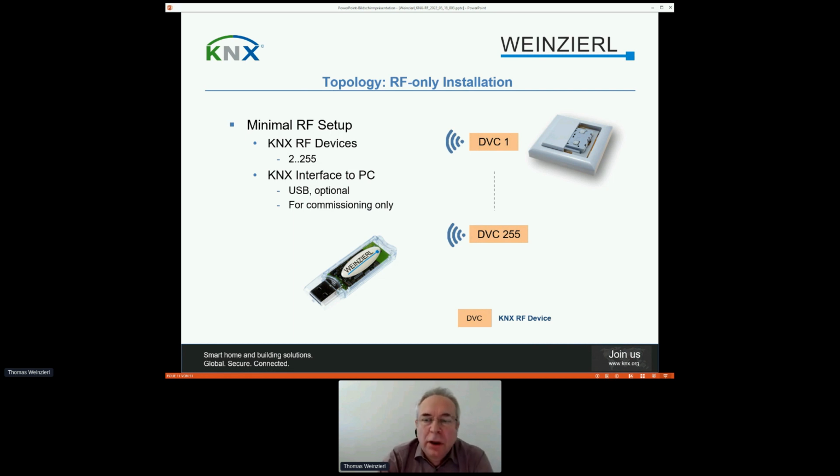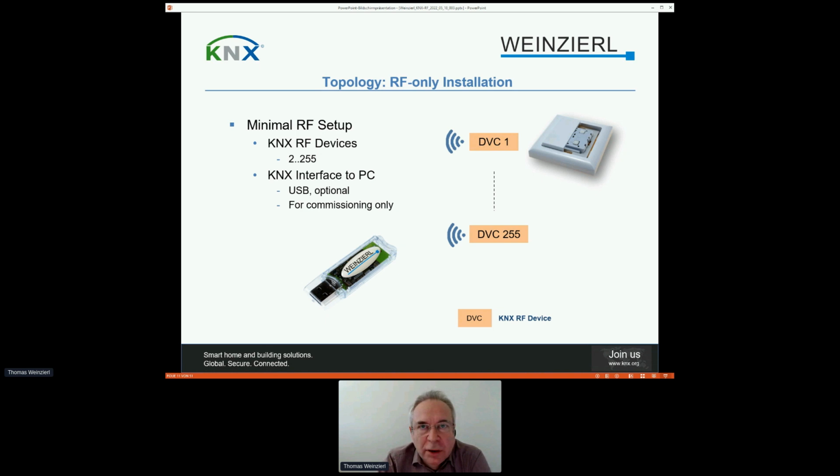So let's have a look at topology. The simple thing you can do in Knx Rf is just to link 2 devices. As a minimum for an RF only installation, you connect a sensor to an actuator, and to connect ETS via USB to the installation, of course, you need some kind of interface, a USB interface for example, but this is only used for commissioning.